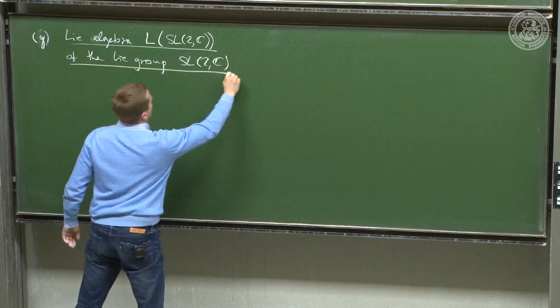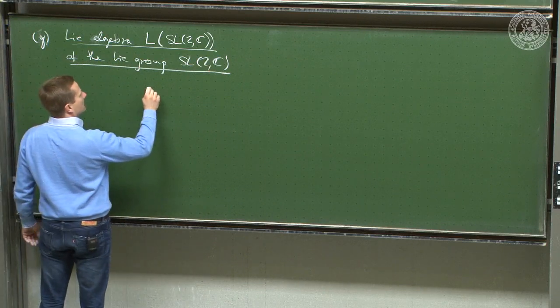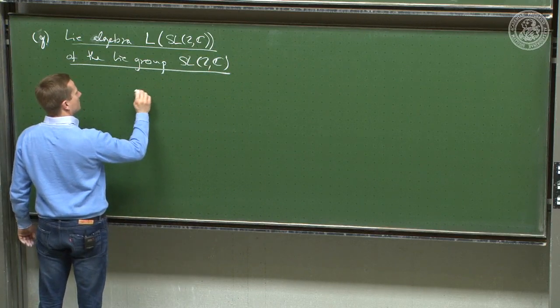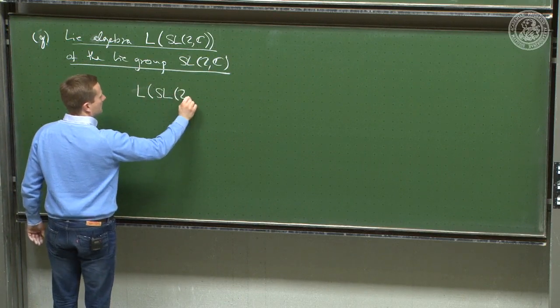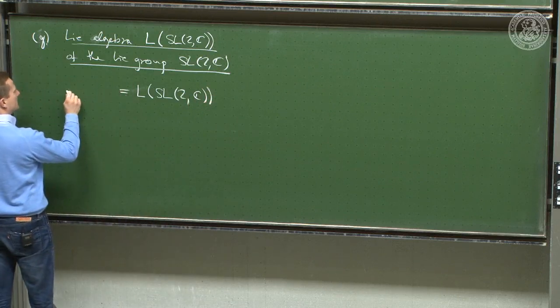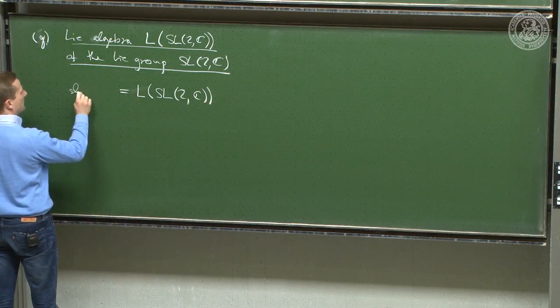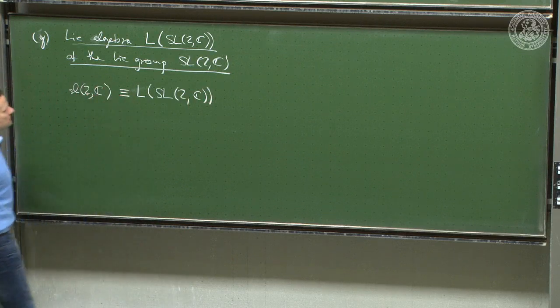Okay. So first of all, L of SL2C. There's lots to write, so usually one writes this small s small l of 2C. It's just notation.